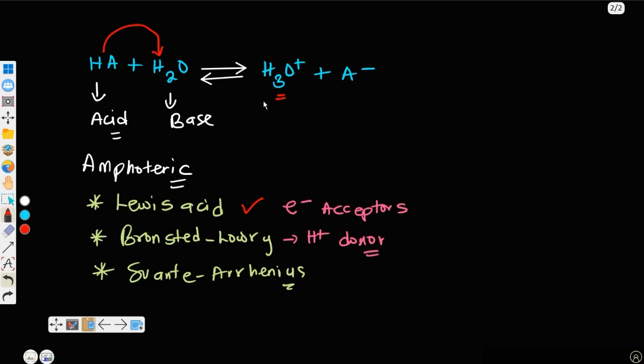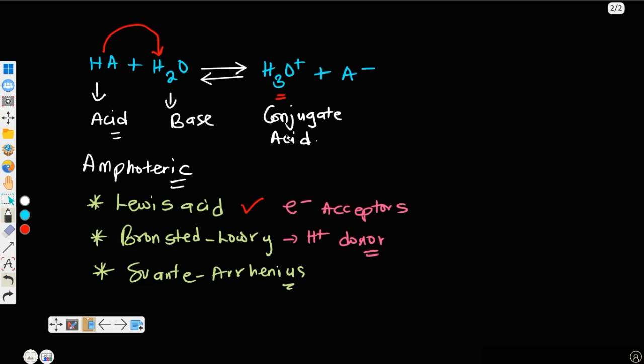I told you that anything formed when a base receives a proton becomes the conjugate acid. So this here will become the conjugate acid.